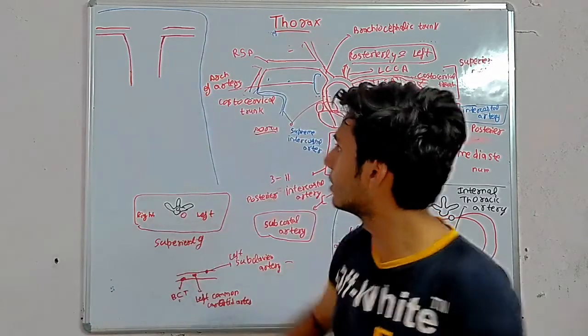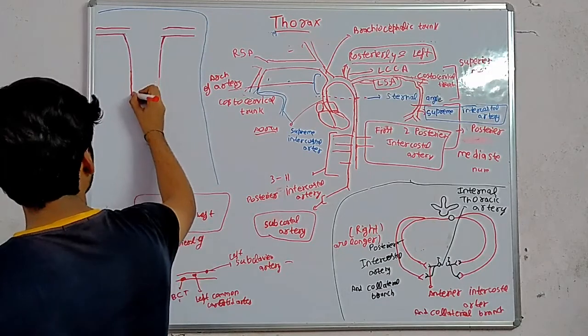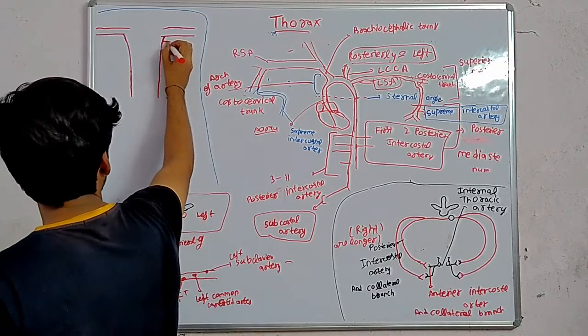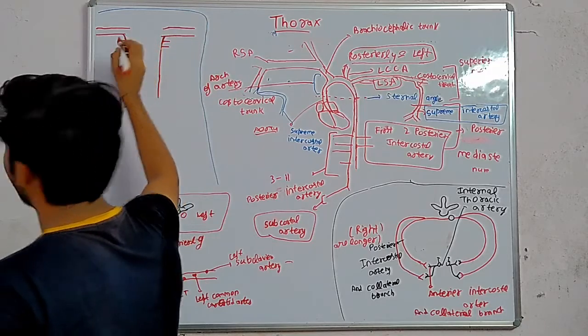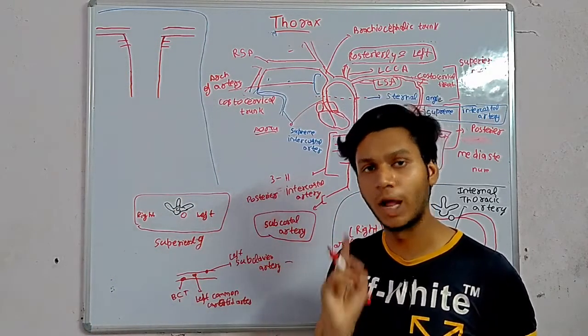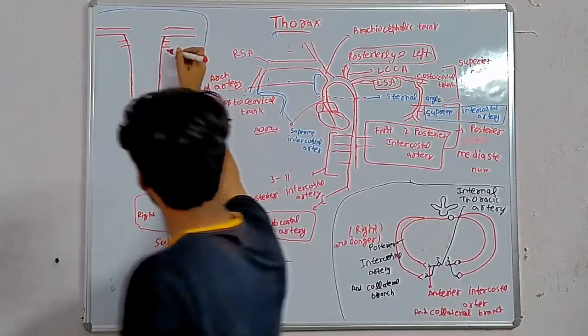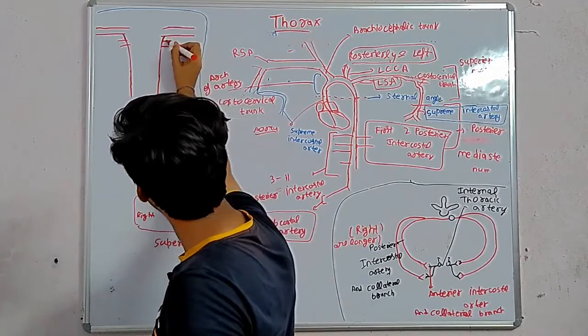The first 6 are supplied by this. Here, this gives a branch. We know there is one anterior intercostal artery and its collateral branch, so the anterior collateral branch is also present like this.